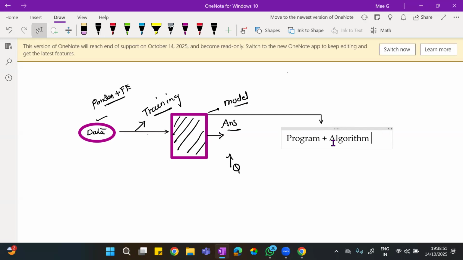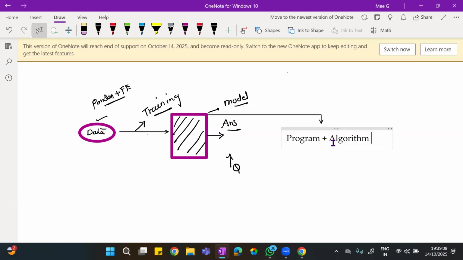The people who know what an algorithm is, that's okay. For the people who don't know, a program is nothing but a set of instructions that we give to our computer to perform. You are going to tell the computer what it has to perform. That is called a program.